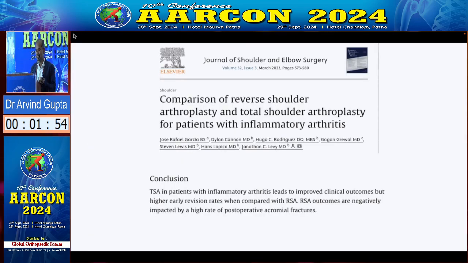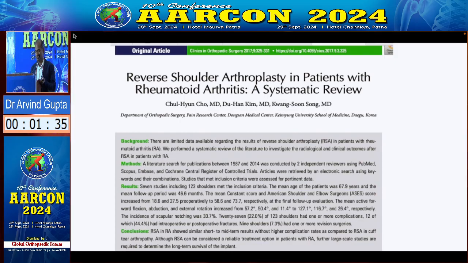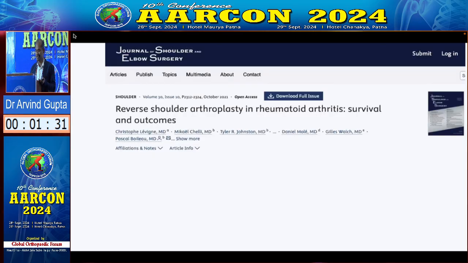If you see the literature, recent literature from 2023 compared reverse with total and says all these inflammatory arthritis patients have better benefit with reverse shoulder arthroplasty. Another paper is a systematic review, again showing reverse shoulder arthroplasty having higher survival in the treatment of replacement.